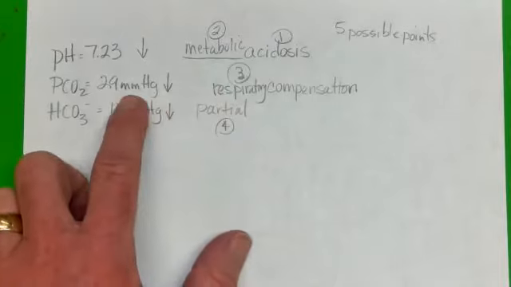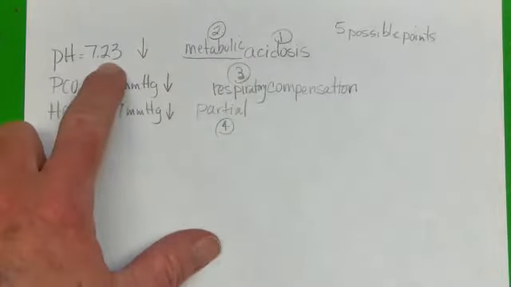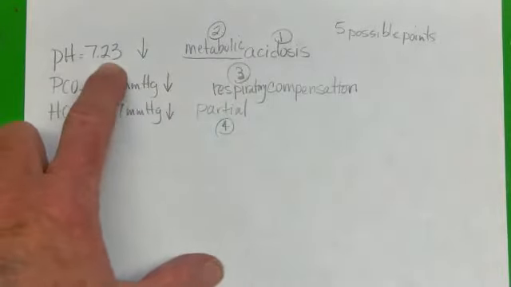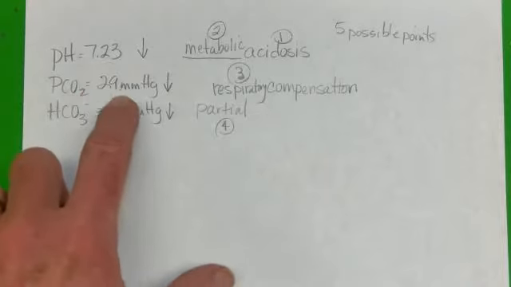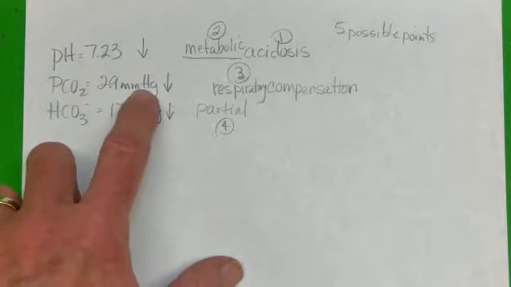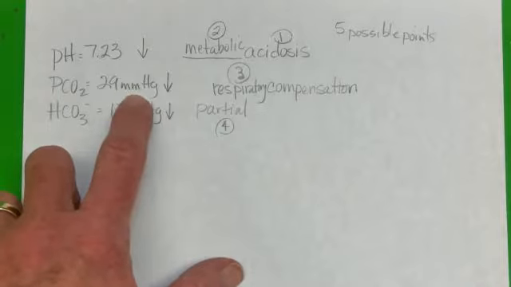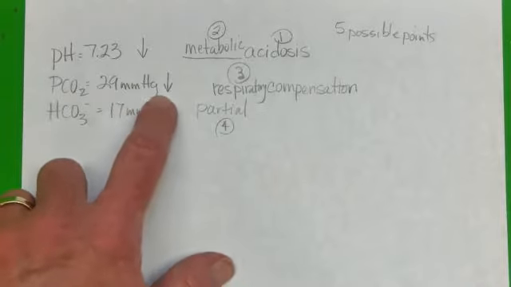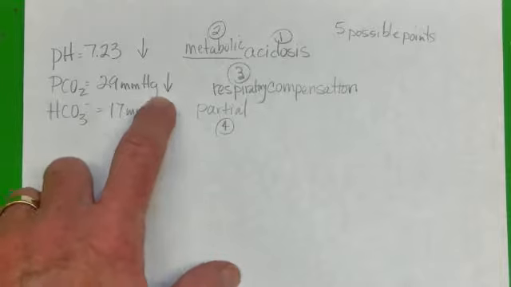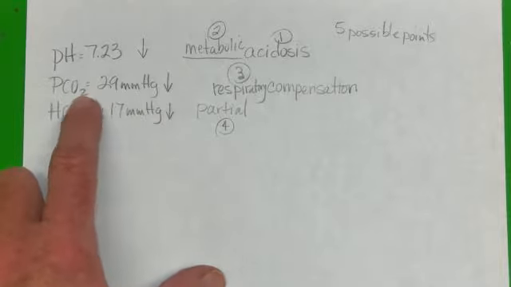Now, why is it partial? Number one, because my pH is still out of homeostasis. And number two, my compensating value is lower, which means I'm hyperventilating. I am blowing off lots of CO2, so I have less CO2 than I normally do, less than 35.